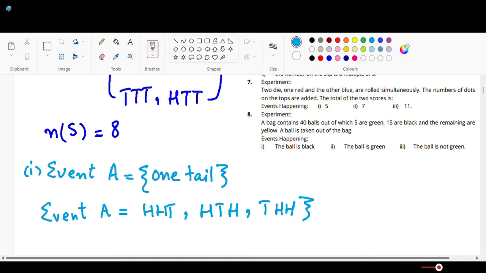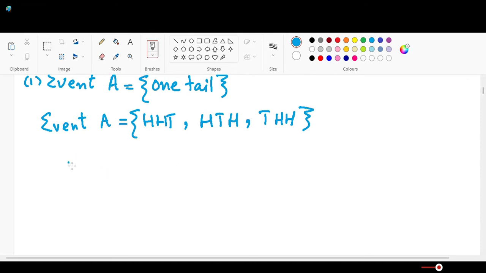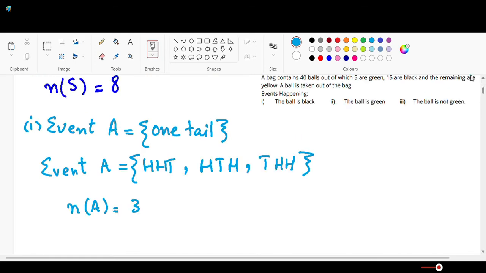That's pretty much it for event A. And the number of elements in event A is 3. 1, 2, 3.